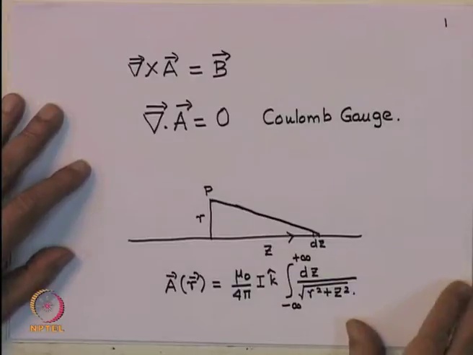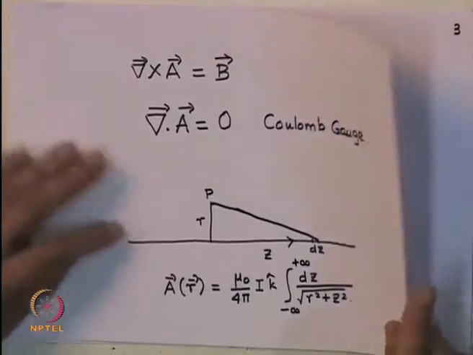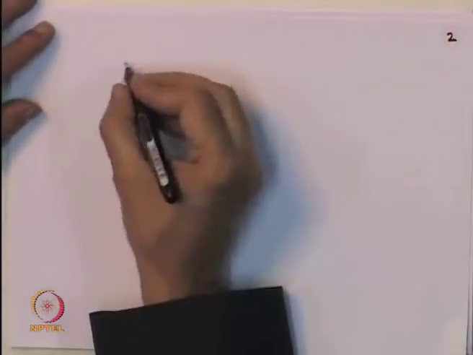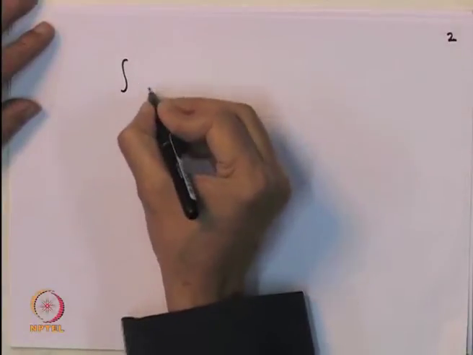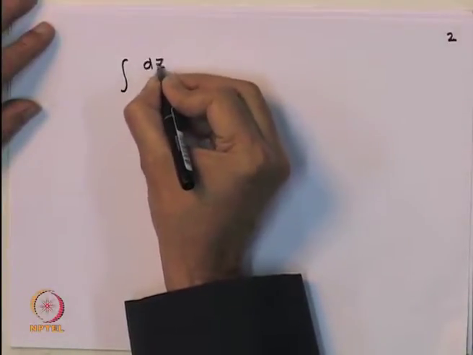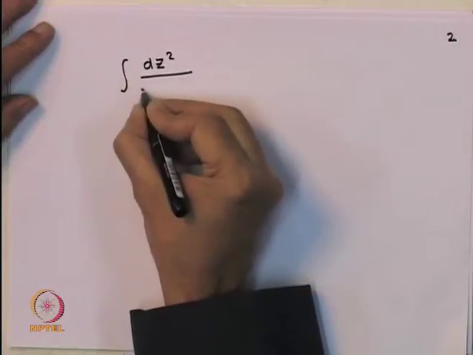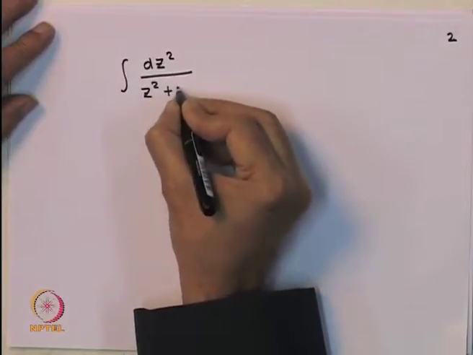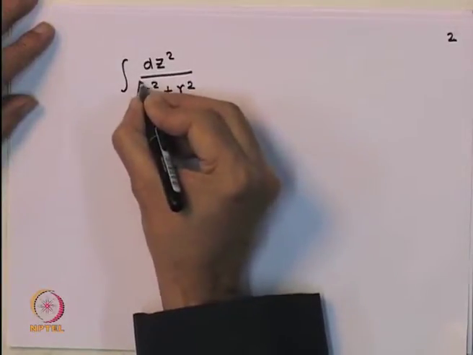Now, let us look at what it gives us. Notice I have to calculate this integral, which is dz over the square root of z square plus r square, not a very difficult integral to do.